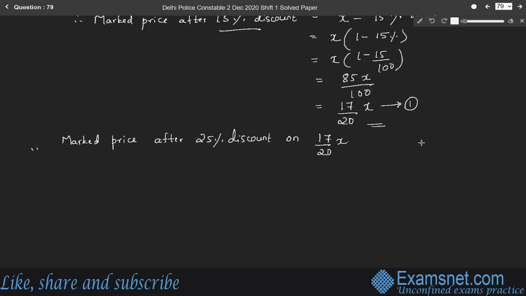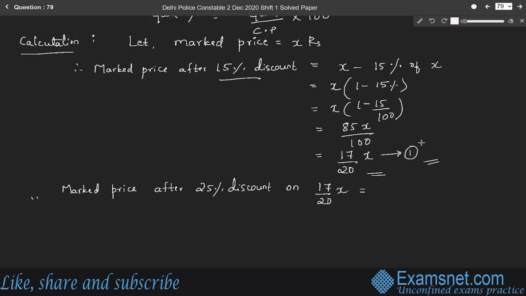The second discount is on this value, right? 17 by 20x. So is equal to, so the value 17 by 20x minus 25% of 17 by 20x, right?